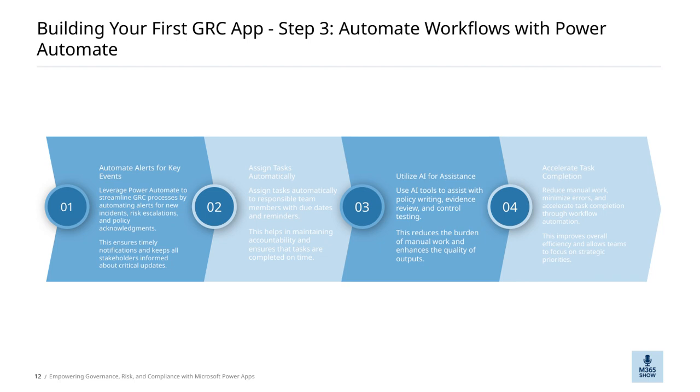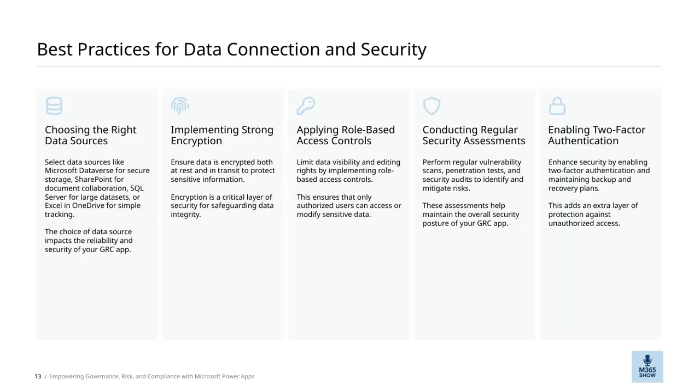This leads to greater efficiency across the board, freeing our teams to focus on more strategic initiatives. So, in essence, automation with Power Automate empowers us to be more proactive, accurate, and efficient in managing our GRC activities.